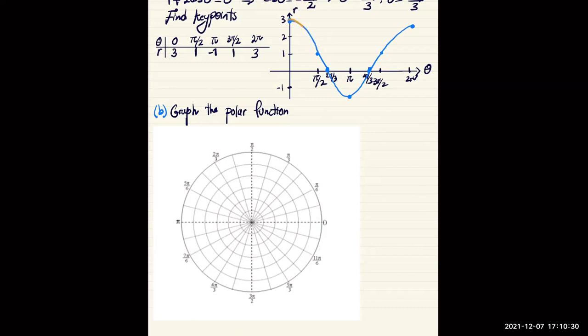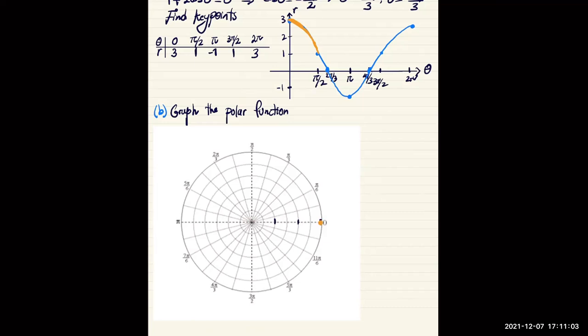I'm going to color code things so you can associate between the non-polar and the polar. Initially at theta of 0, r is 3, here is 0. And if you don't mind, guys, I'm going to count every 2 of these as 1 unit to make the graph a little bigger. So again, at theta of 0, r is 3. So we are right there.